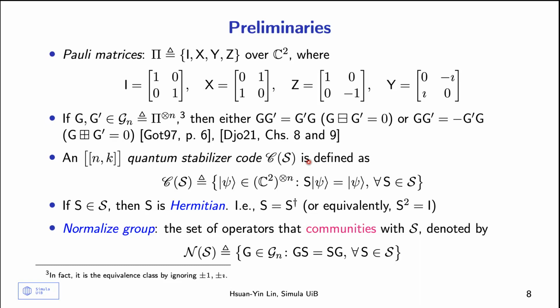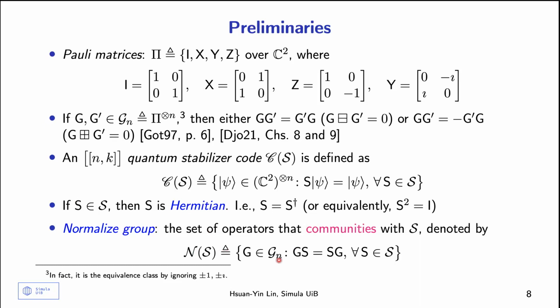And then, of course, based on this definition, people can prove further properties, which are very useful for error correction. For example, this must be Hermitian. And if you know some algebra, we also define something called the normalizer group.